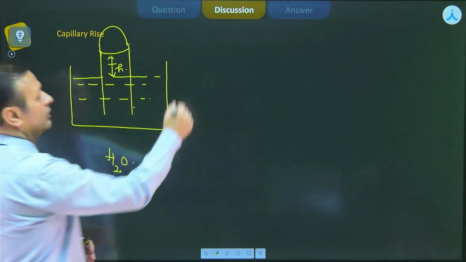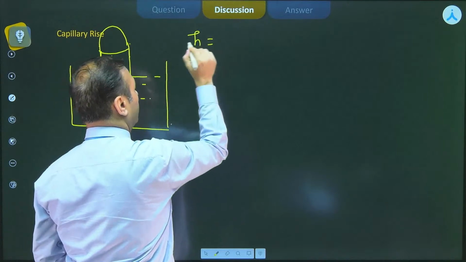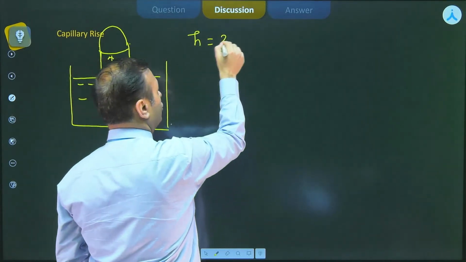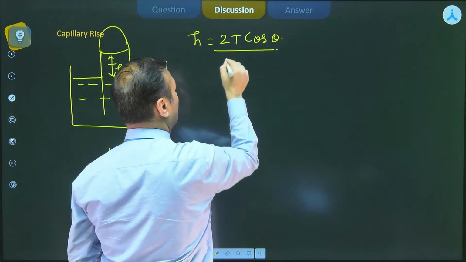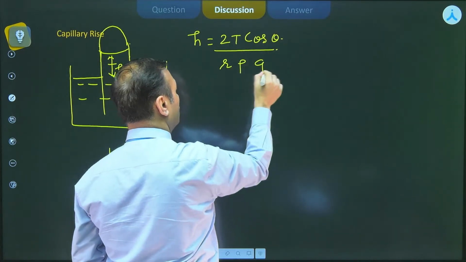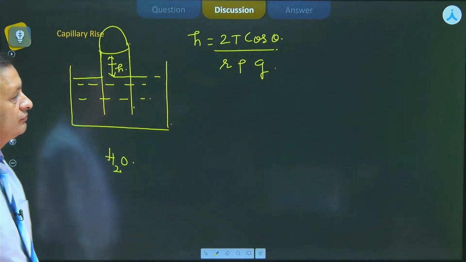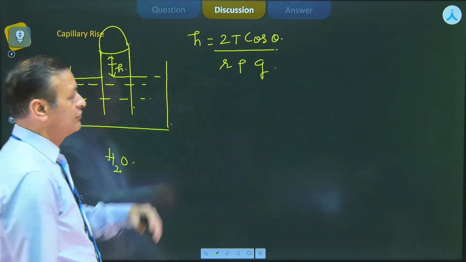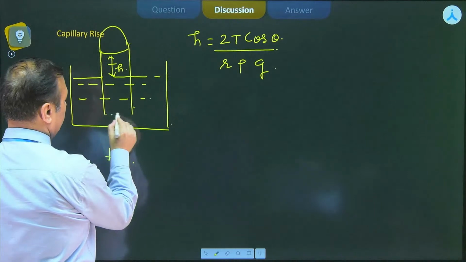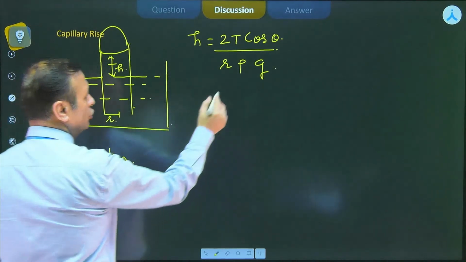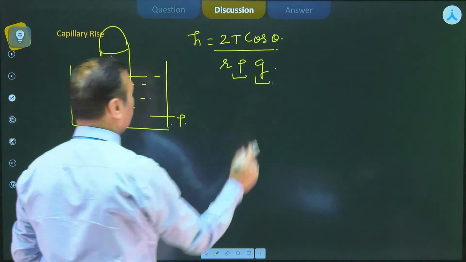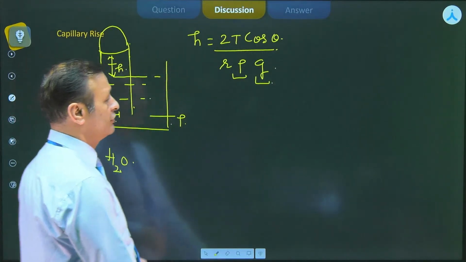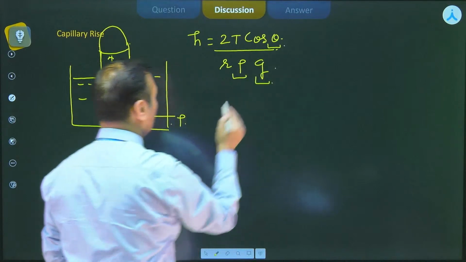So the height of the rise or fall is given by h is equal to 2T cos theta by r rho g, where T is the surface tension, r is the radius of this capillary tube, rho is the density of the liquid, and g is the acceleration due to gravity. T is surface tension, theta is angle of contact.